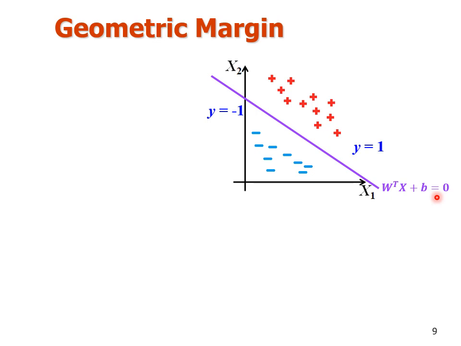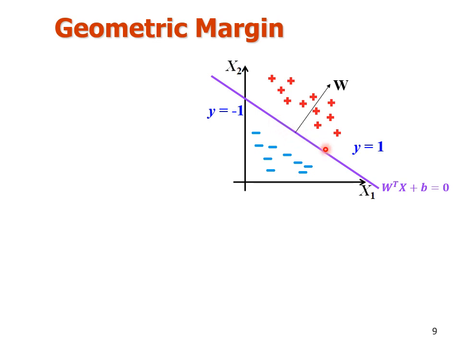So our decision boundary corresponds to the parameters W and B. Here we are having the vector W. Note that this W is orthogonal, or at 90 degrees, to the separating hyperplane or the decision boundary. So vector W is normal to the hyperplane.